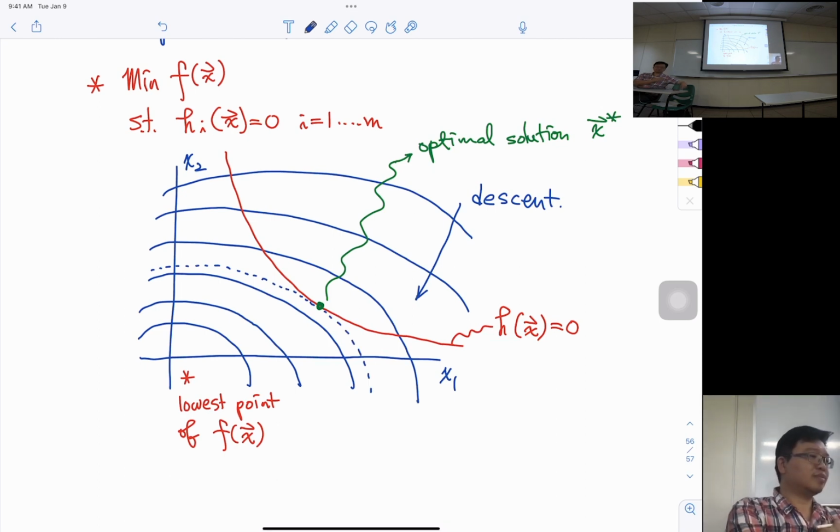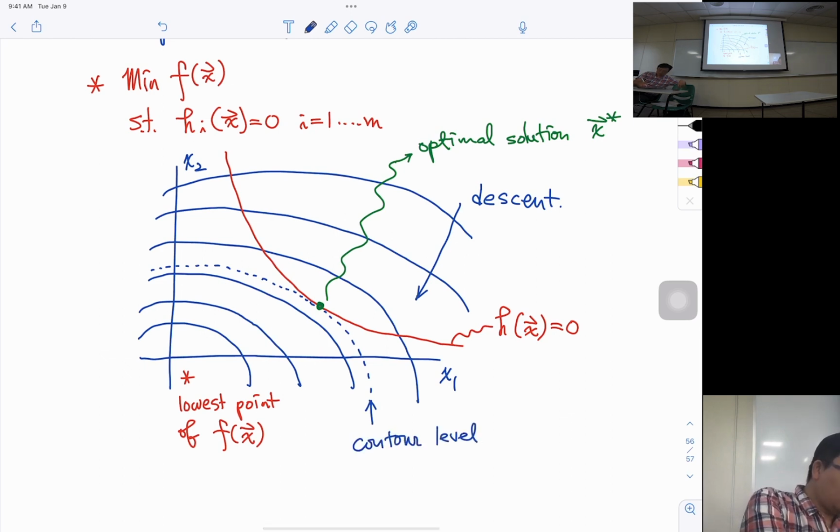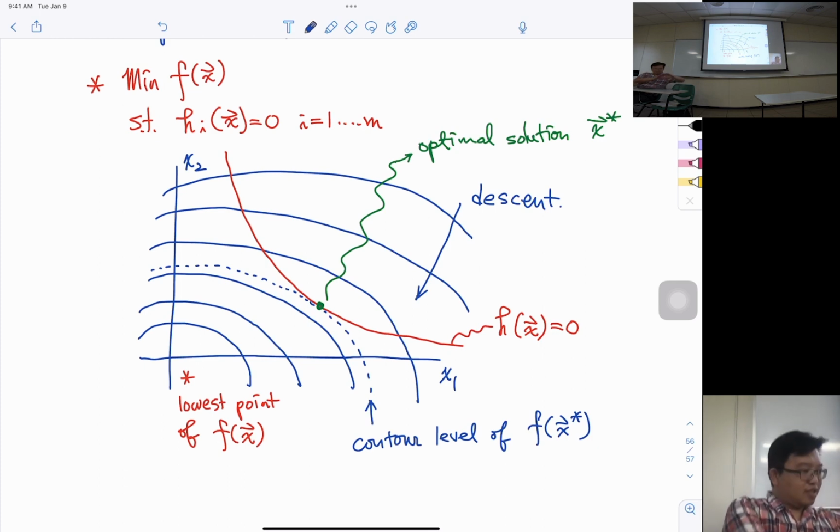Right? So this is the contour level of f of x star on that dashed blue curve. The function value equals f of x star, and that's the lowest function value your solution reaches.